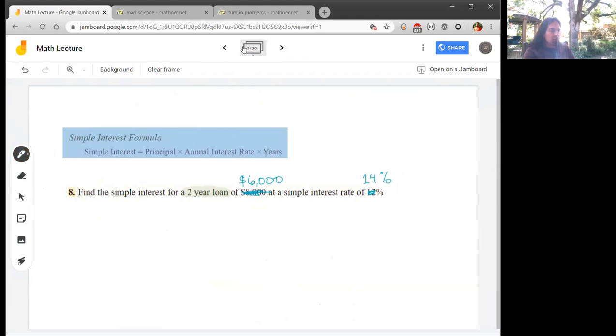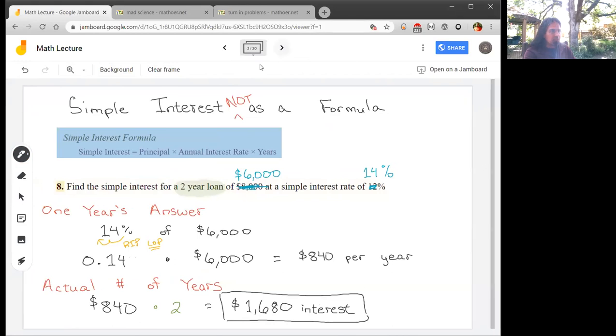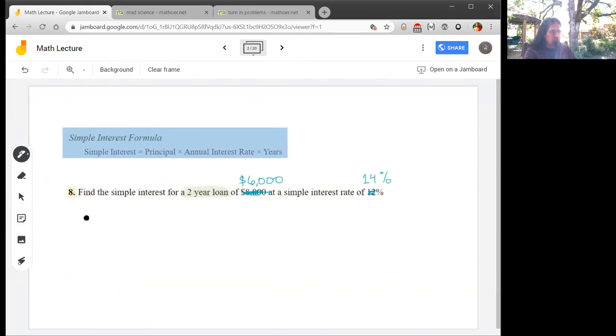So rather than think about step A and step B in the red subheadings, I'm just going to use the formula. So the interest is going to be that 6,000 times the rate.